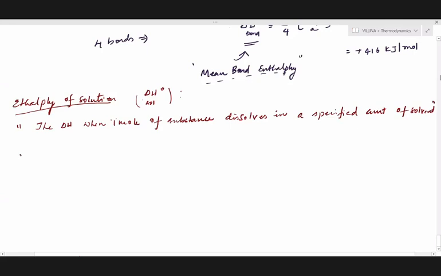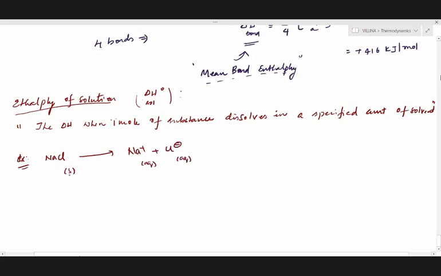So we have the example of NaCl. Now this NaCl, when we are allowing it to dissolve in water, what will happen? Na plus and Cl minus, this dissociation will happen, right? So this will be aqueous, this will be aqueous, whereas this will be solid.